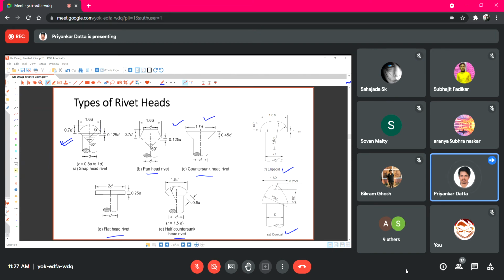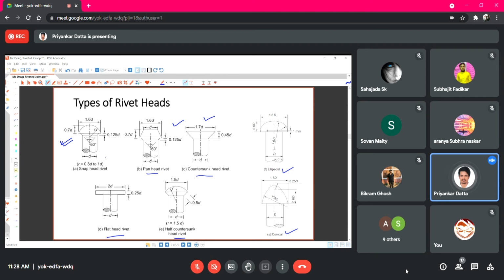Now you can easily check that the length of the top part, the top shape, are different, and based on that the outside look will also change. And based on the application of the riveted joint or riveted part, we have to select this head of the rivet. Mostly these are fixed.